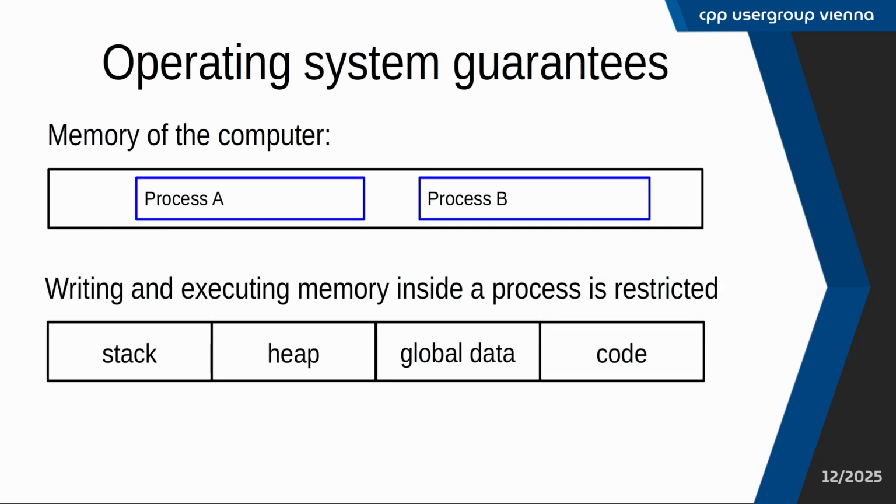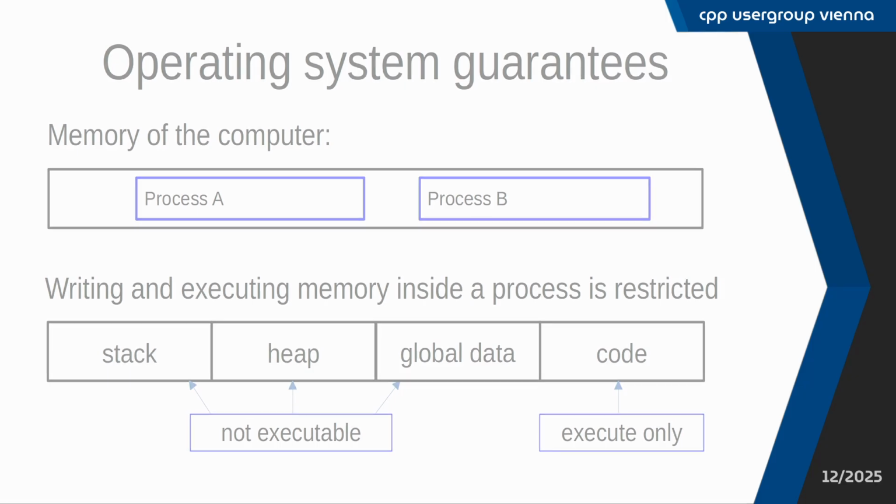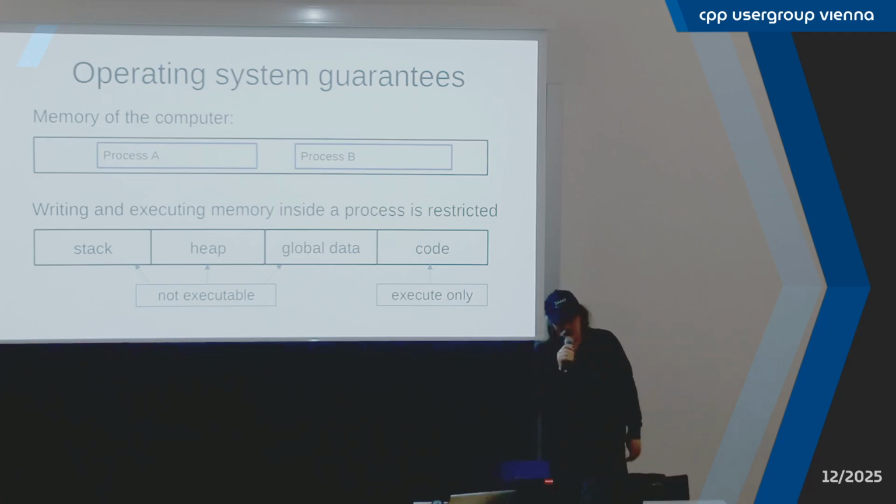And the process is also restricted. So, for example, stack and heap and global data are not executable, and the code is execute only. And that's for now. I have more slides to come, but this will be another talk.